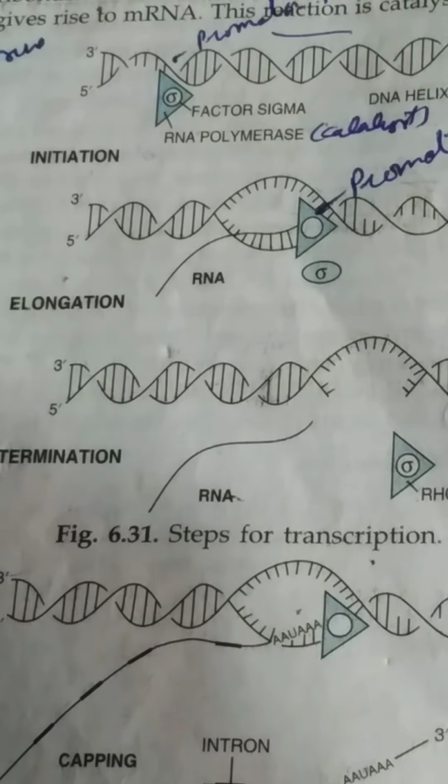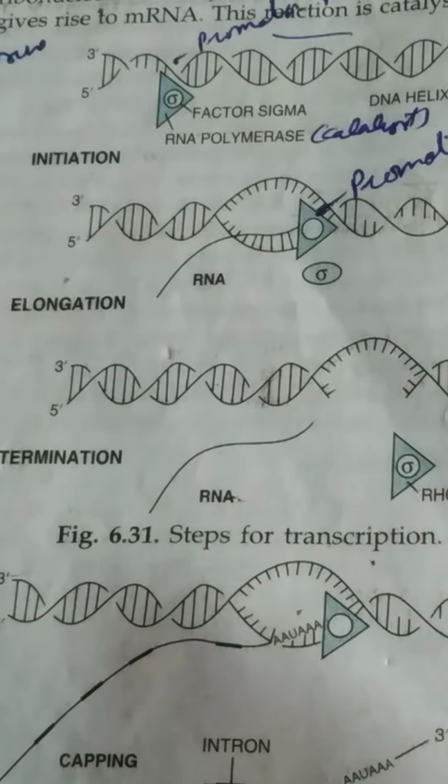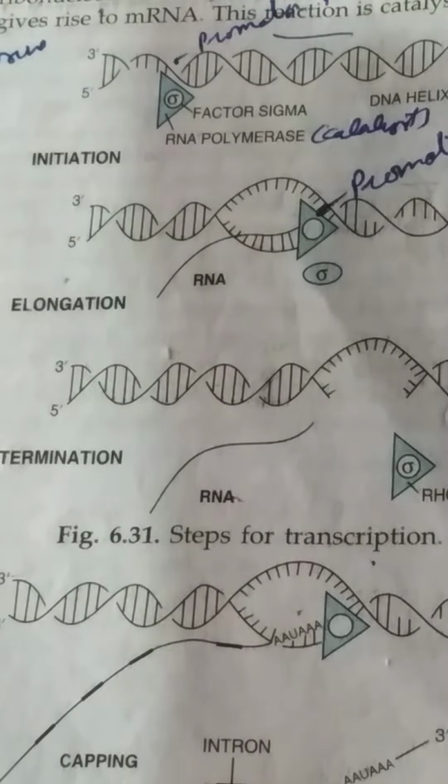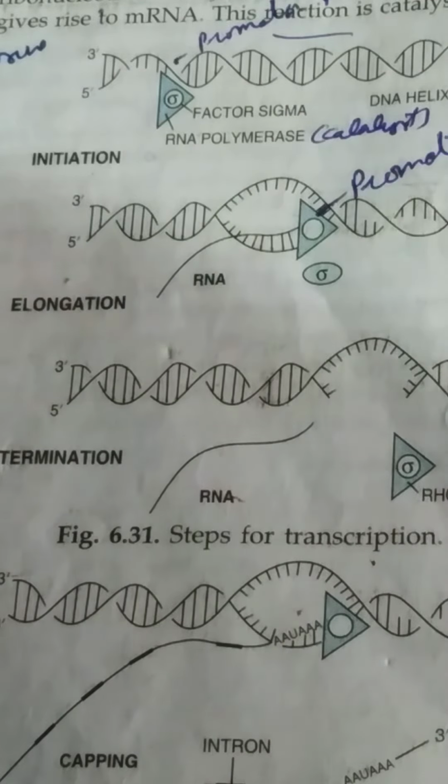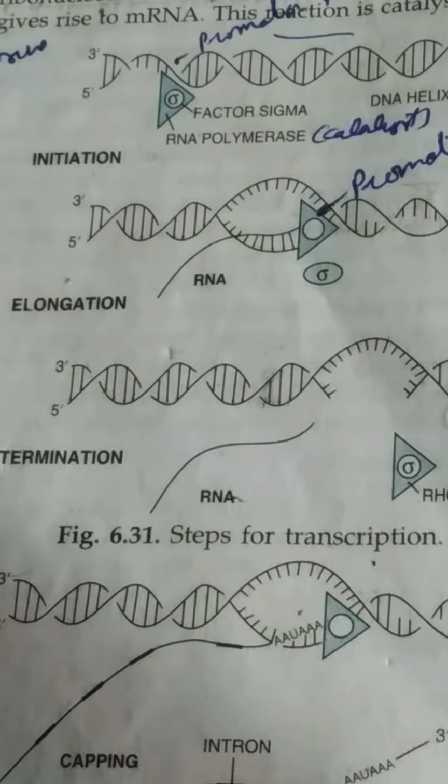The formation of the RNA makes opening of that DNA, and a DNA template is formed. Two DNA templates are formed, and a complementary strand is formed in replication. But in transcription, only a single template is used to make messenger RNA.